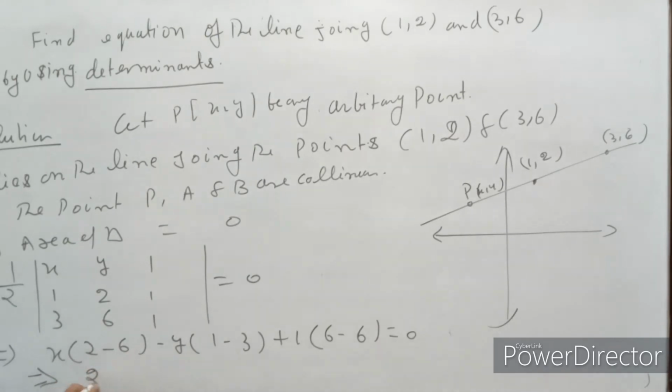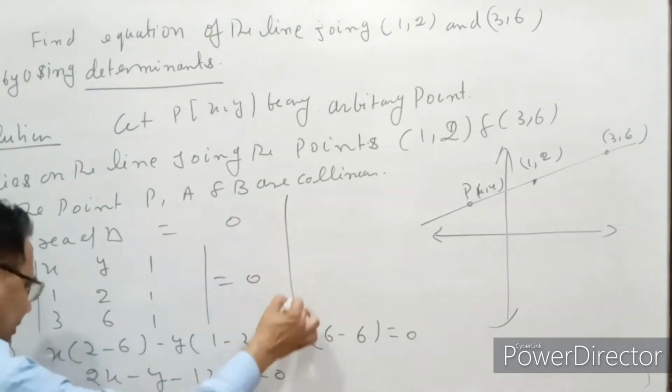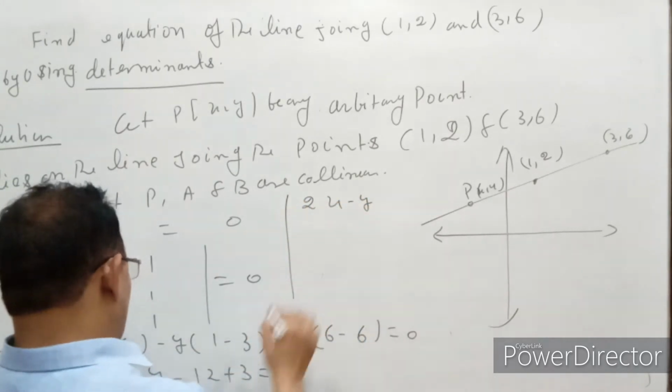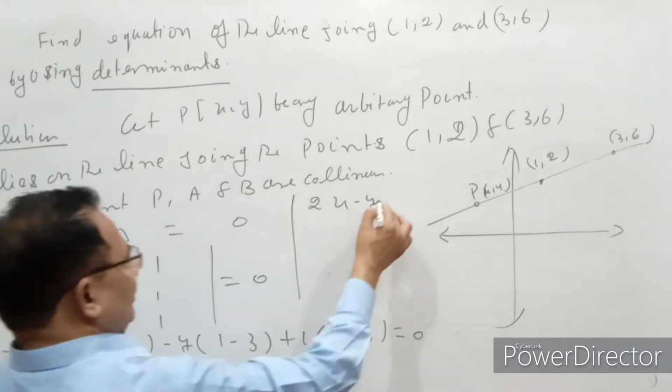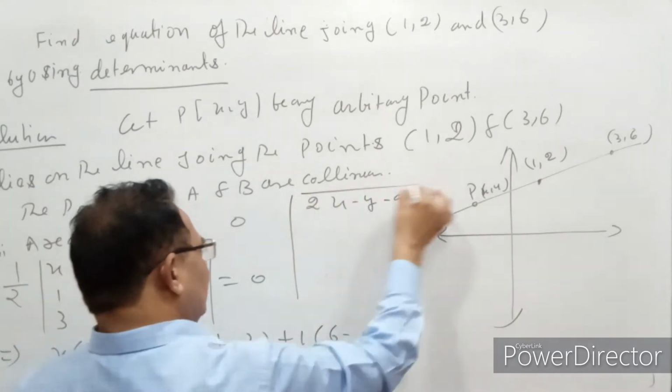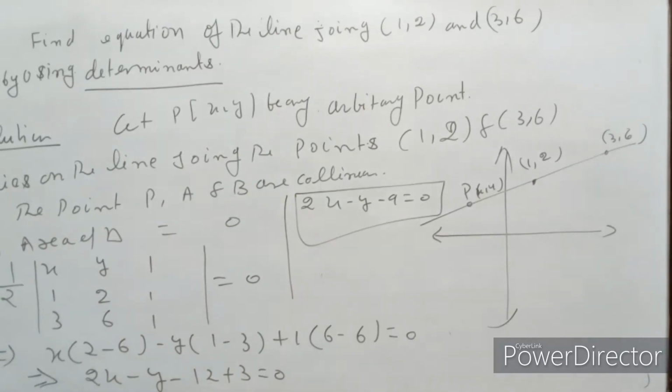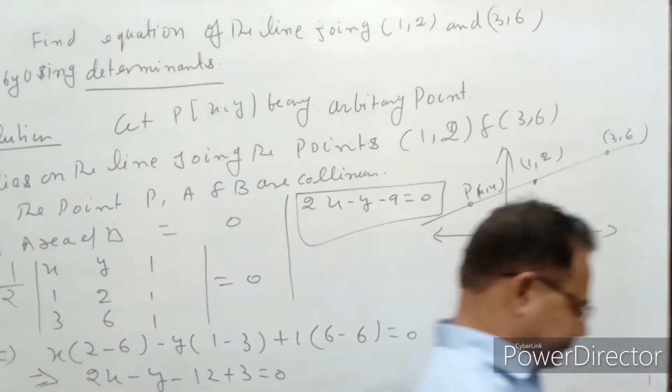You know this very well. This implies that 2x minus y minus 12 plus 3 is equal to 0, that is, 2x minus y minus 9 is equal to 0. This is the required equation of the straight line.